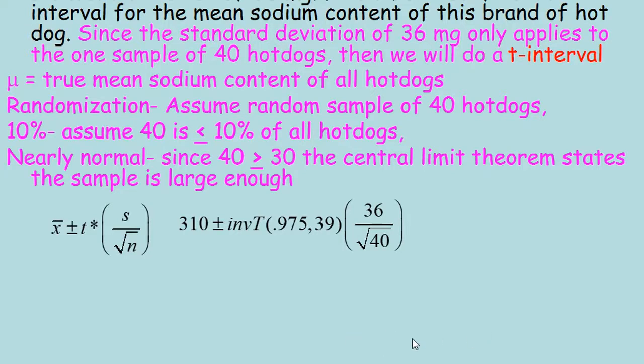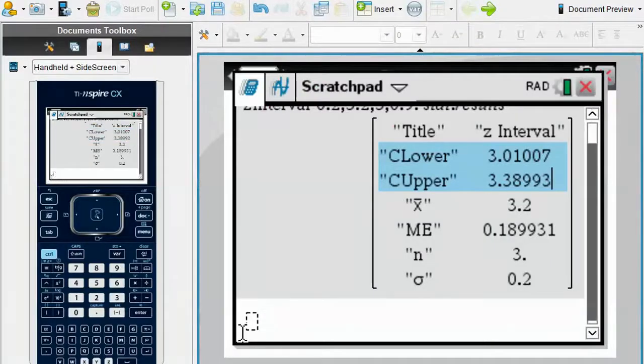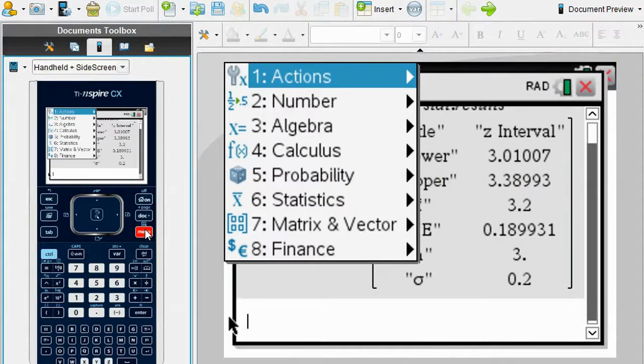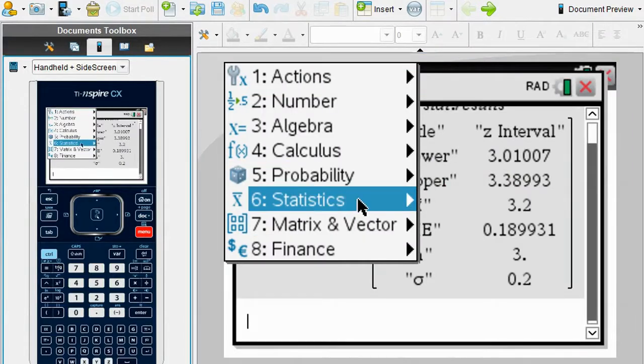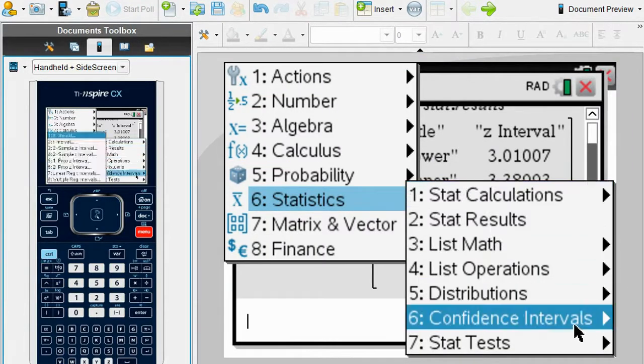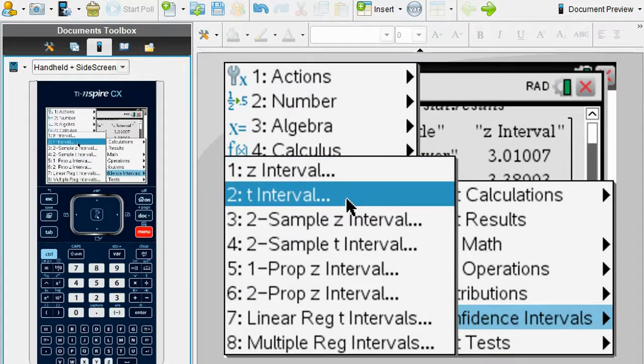Let me show you how to use the calculator to get the answer, and then I'll tell you about this inverse T situation. On your calculators, go find the intervals menu. Stat, intervals. This time choose the one that says T interval.